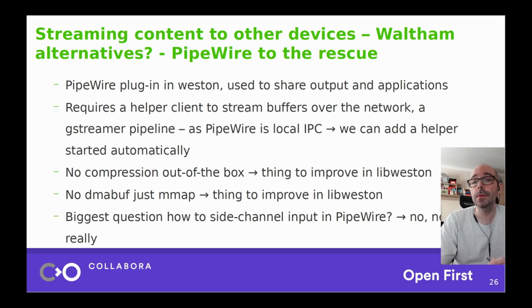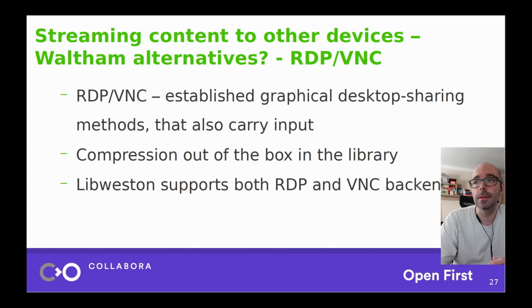Another thing to improve in Weston, but the biggest hurdle would be how do we actually relay input from the remote device to the local one? So talking a bit with the upstream about this, it doesn't seem really that feasible, and ultimately I've started to look into some other technologies, and these are obviously RDP and VNC, which are established ways of doing this graphical sharing, which also carry input.